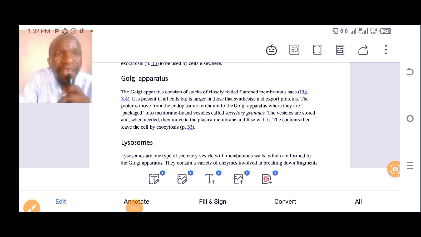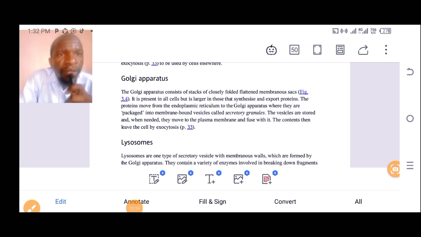It is present in all cells but is larger in those that synthesize and export proteins. The proteins move from the endoplasmic reticulum to the Golgi apparatus, where they are packaged into membrane-bound vesicles called secretory granules. The vesicles are stored, and when needed, they move to the plasma membrane and fuse with it. The contents then leave the cell by exocytosis.